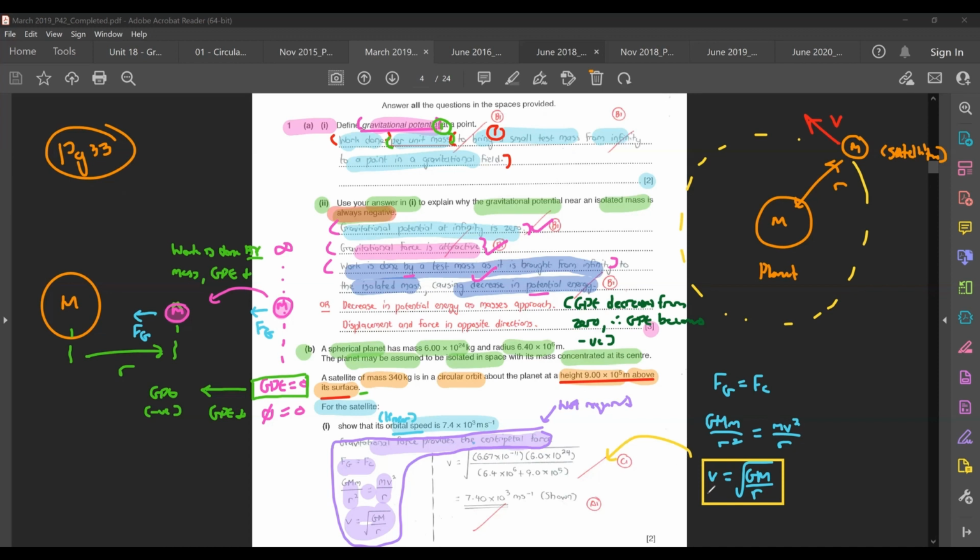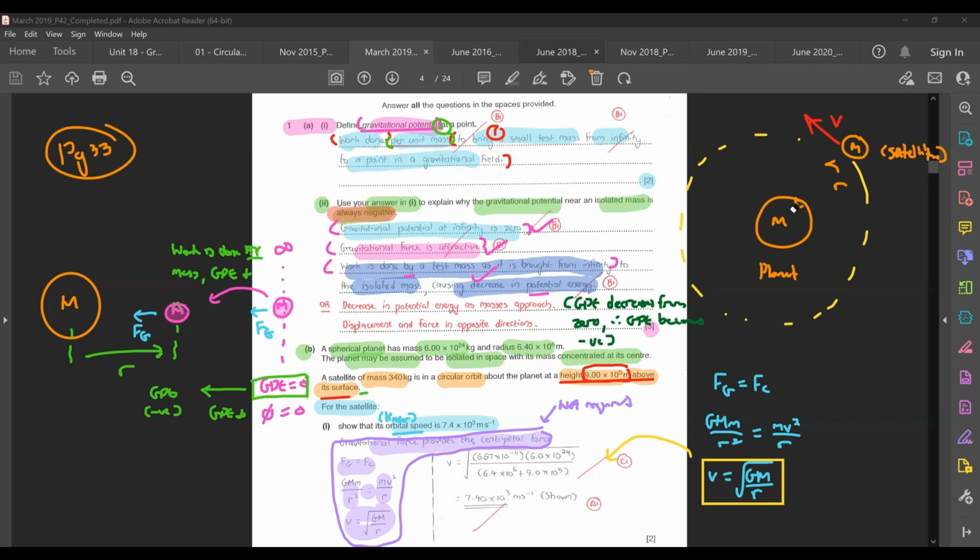But when you want to apply it now, you just need to be careful because there's a trick here inside your question. They give you some values right over here where they tell you 9 times 10 power 5 meter. This is not the separation between your masses. This is just the height of your satellite above the surface of your planet.